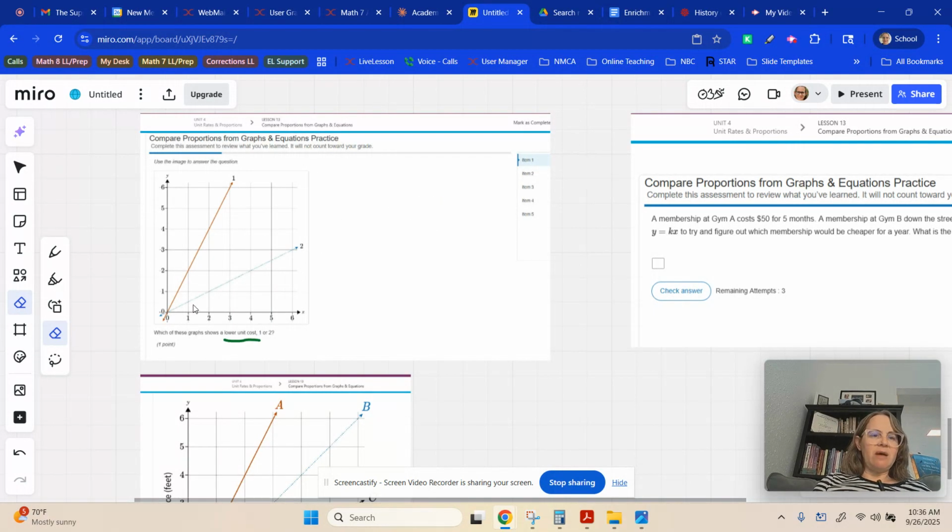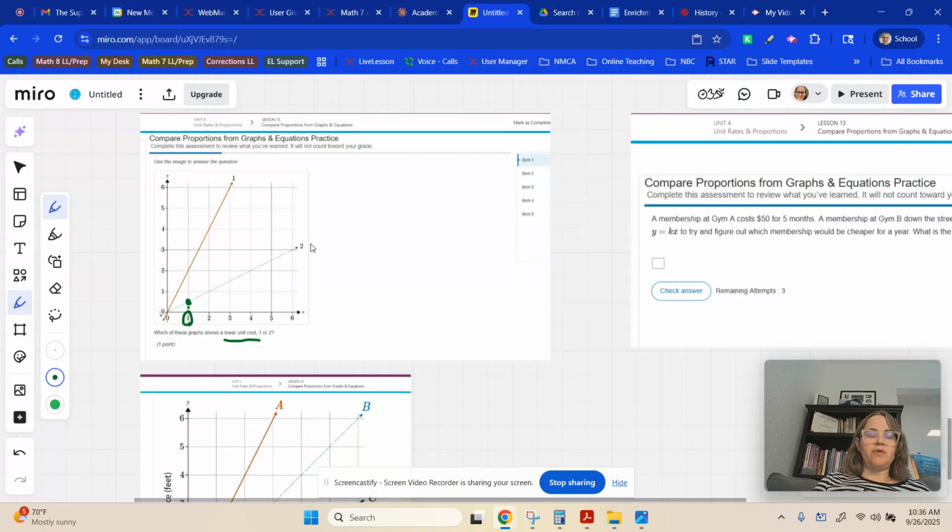Okay, I'm erasing that because we can actually find what these are costing. If we look right here. Okay, what we want to do is go to the one on the x-axis and follow it up to the line. Okay, that's going to be the unit cost.